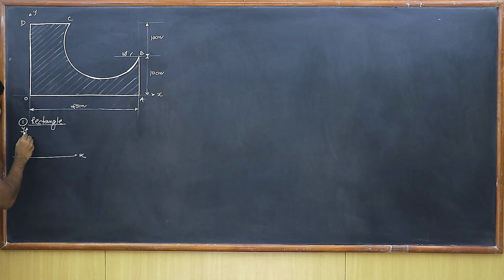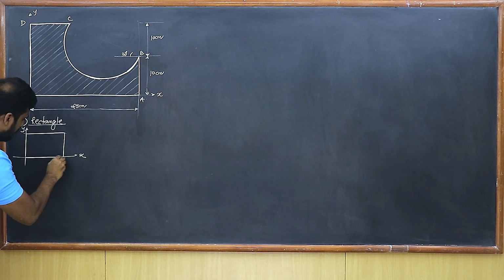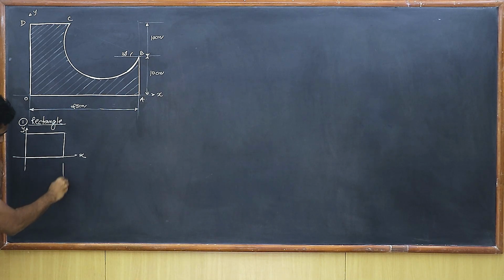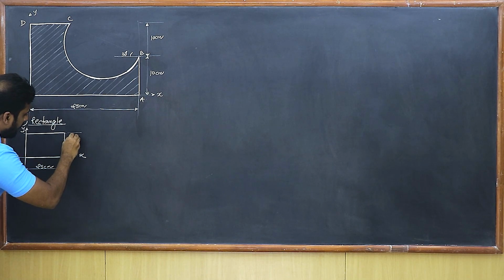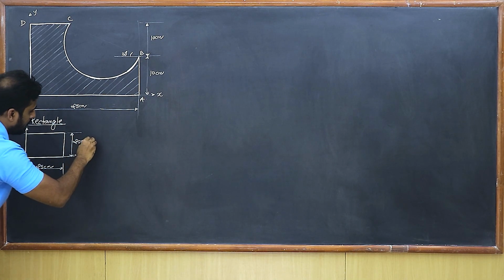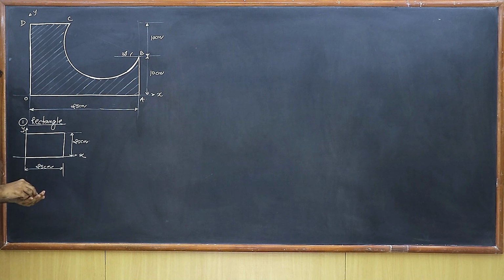So let's draw a rectangle whose dimensions are 25 by 20, isn't it? So this is the rectangle. The dimensions given to us are 25 centimeters and 20 centimeters. Getting?